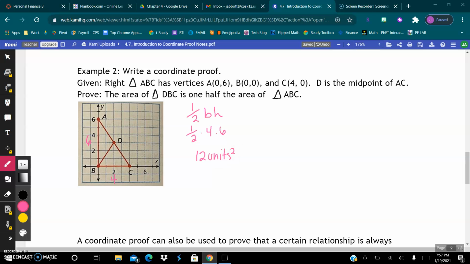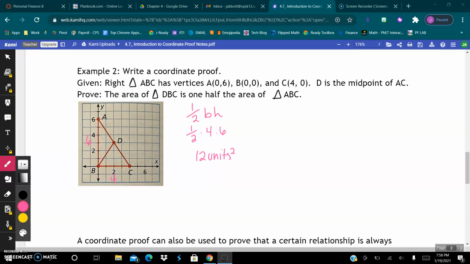So we're trying to prove that triangle DBC is half of that. So now looking at triangle DBC, we know that D is the midpoint. We were told that, but we are going to use the midpoint formula to find the ordered pair.